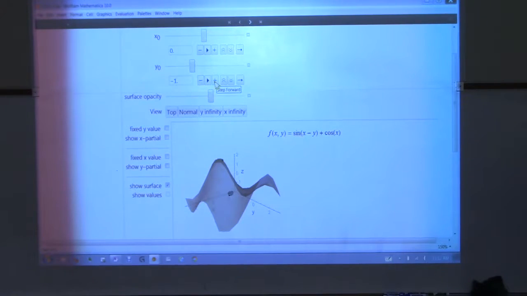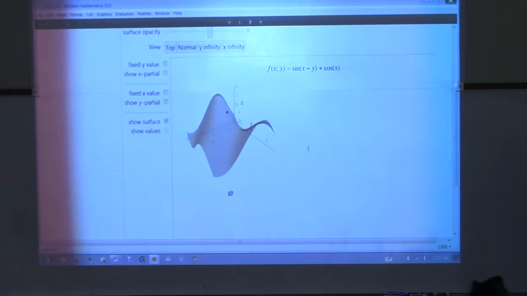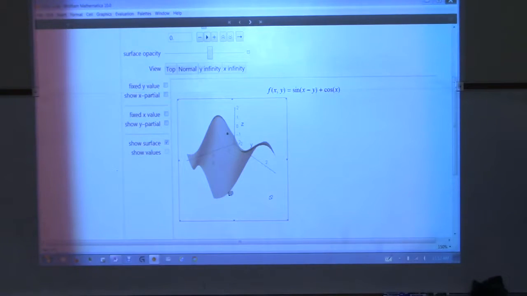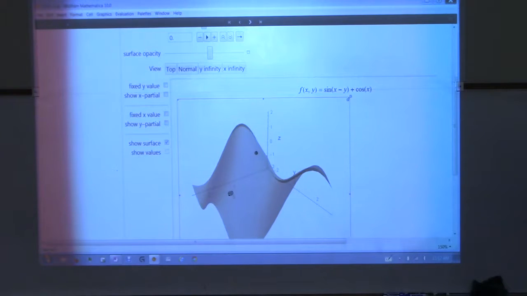Well, that's not working. I'll move it to 0 also. There's 0. Let me just turn this so you can see it. There it is. Everyone see that point okay? Stop moving. Trying to make this thing bigger. There we go. I think every time I move it, it gets smaller again.